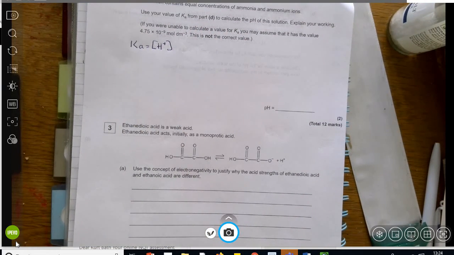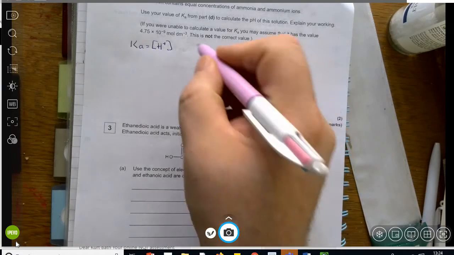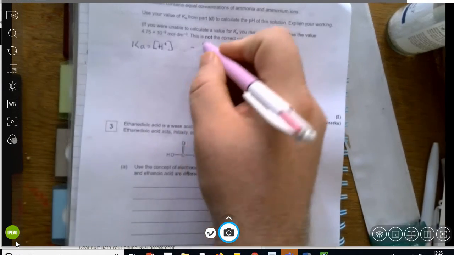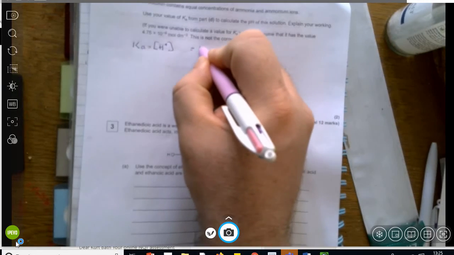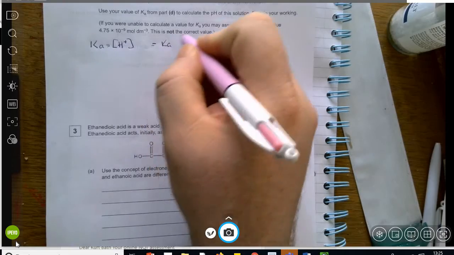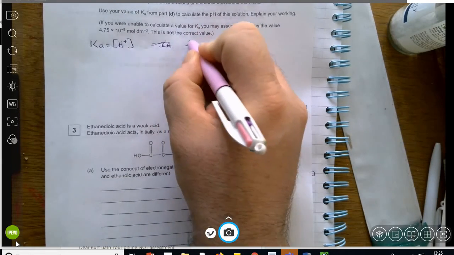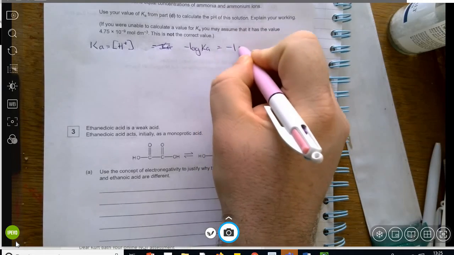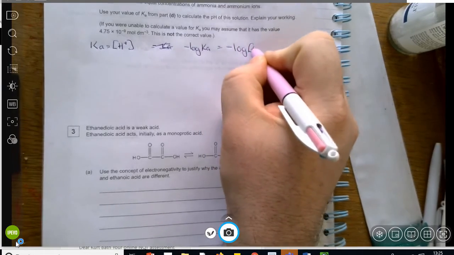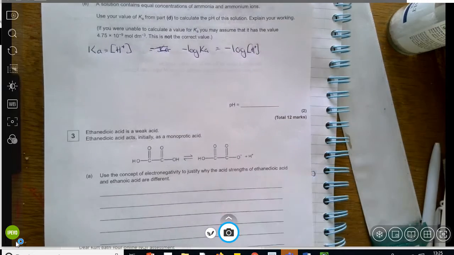So from that, we can then work out that Ka, minus log of Ka is minus log of H plus ions. So we should work out the concentration of that one.